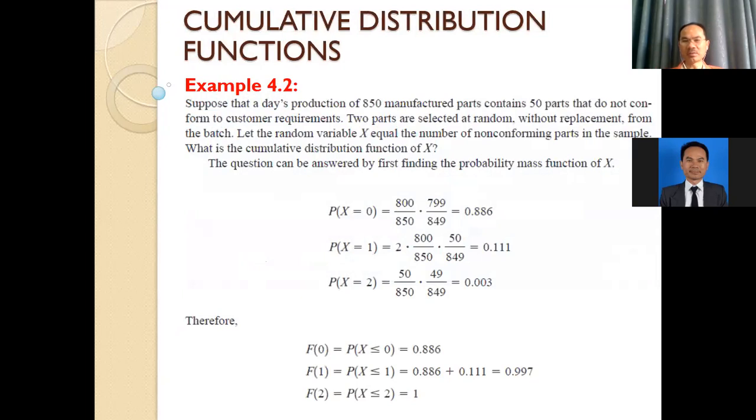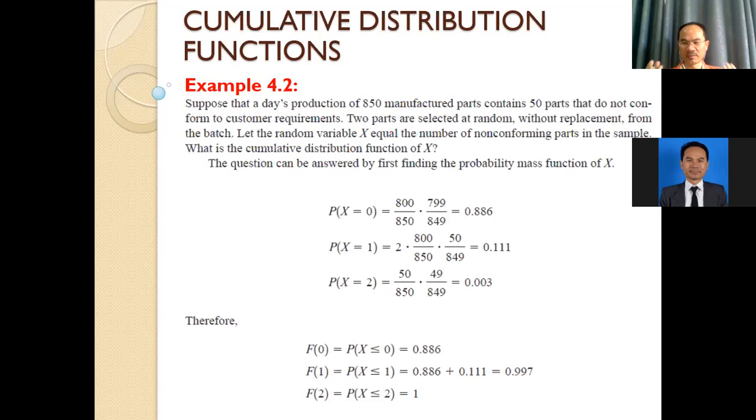We assume that a day of production of 850 manufactured parts contains 50 parts that do not conform to the customer requirement. What does it mean? We produce 850 parts of the product, but in these 850, we have 50 parts that do not meet the customer requirement.